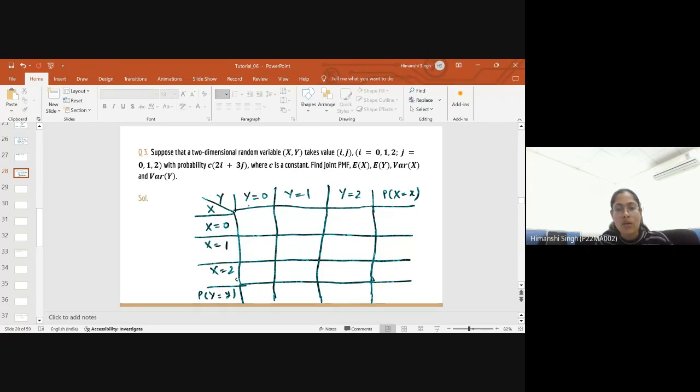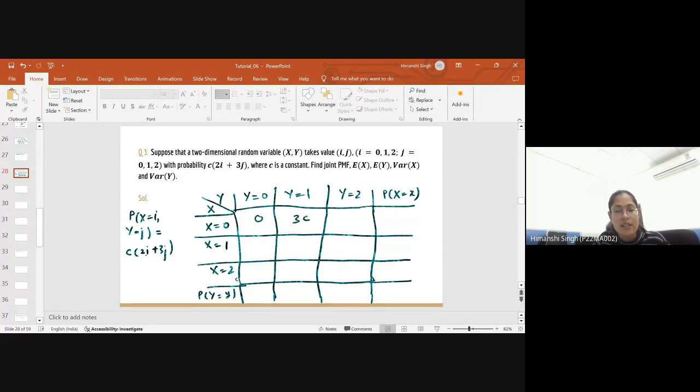Now X is 0, Y is 0. Probability X equals i, Y equals j is nothing but c into 2i plus 3j. So when i and j are both 0, it will be 0. If X is 0, Y is 1, it will be 3c.